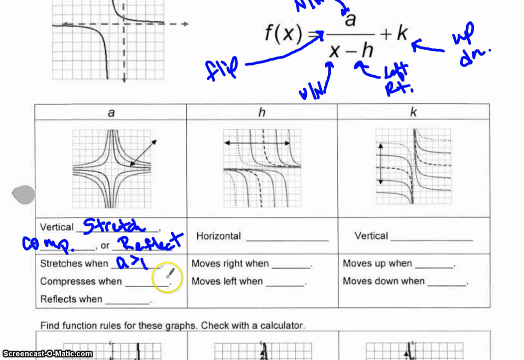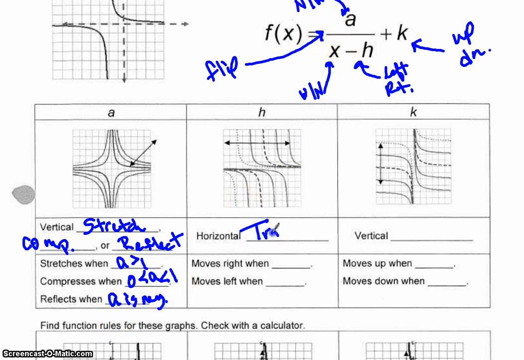It's going to get steeper. You're going to have a compression when a is between 0 and 1, which means that it's a fraction. And it's going to reflect if a is negative. Once again, that negative might be with the a and it might be in front of the whole thing.